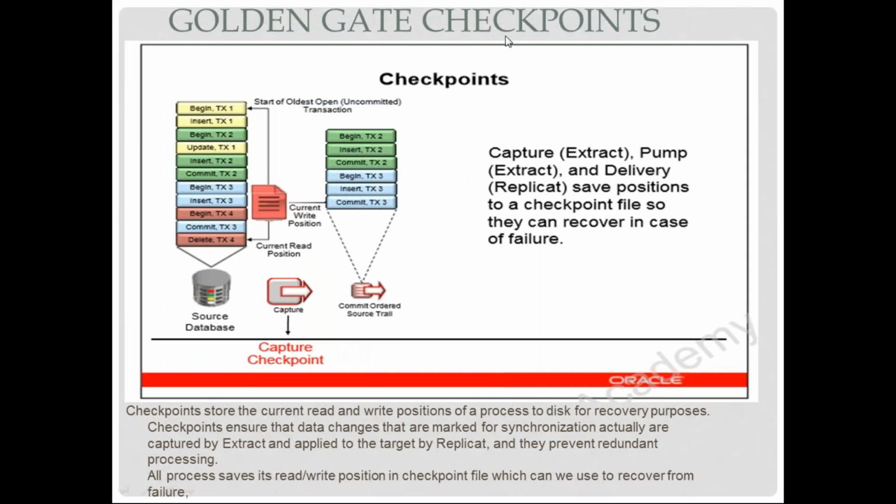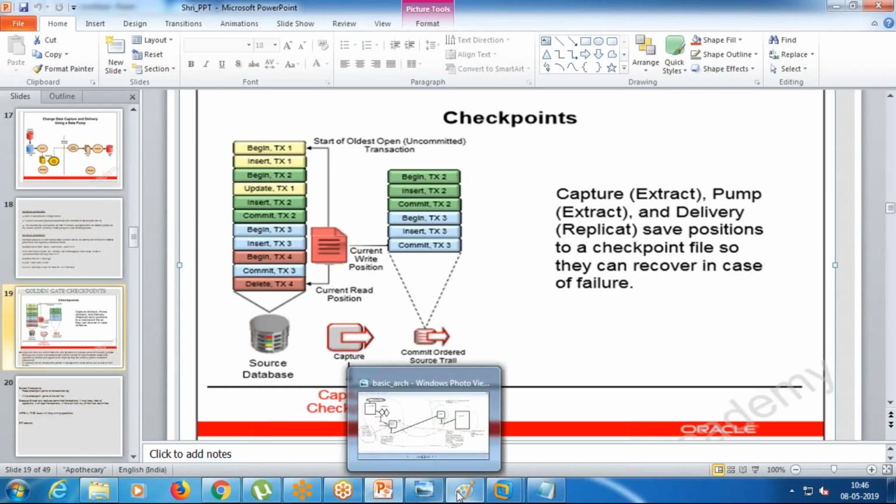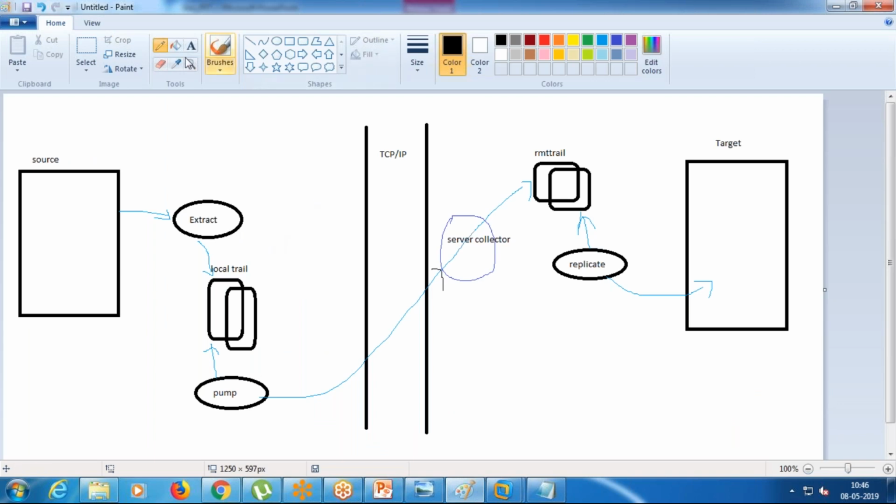So Golden Gate checkpoints. Every process, now let's consider the extract first. Let me use a green color here. Let us focus on the extract only now. Tell me one thing, what is the source of the extract?